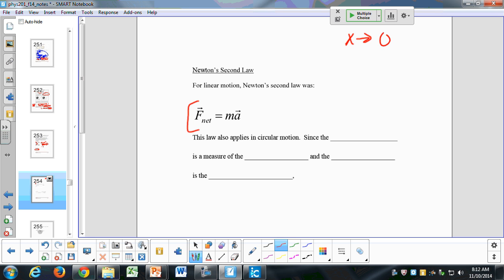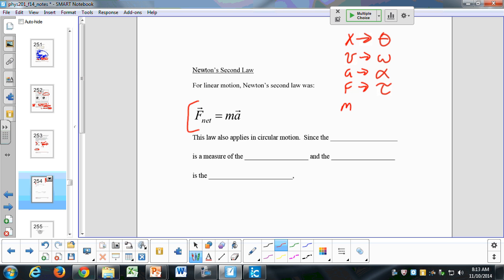So whereas before we were talking about linear motion, when we talk about rotational motion, we talk about the angle theta. For v, now we have omega. For a, now we have alpha. For force, now we have torque. We sort of call that an angular force. It's a force at a certain moment arm.